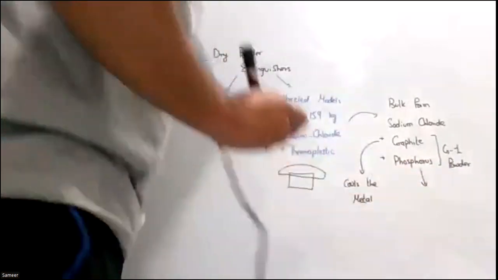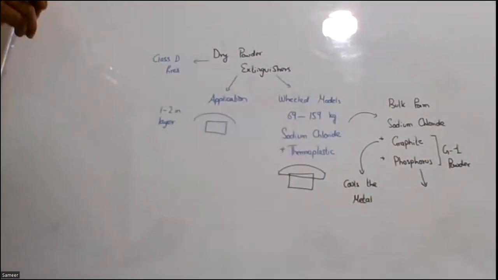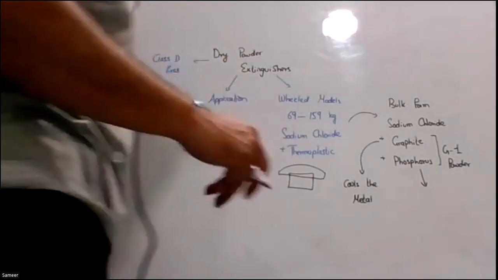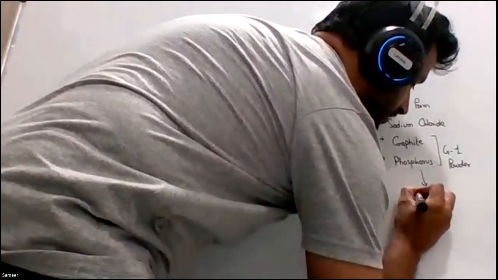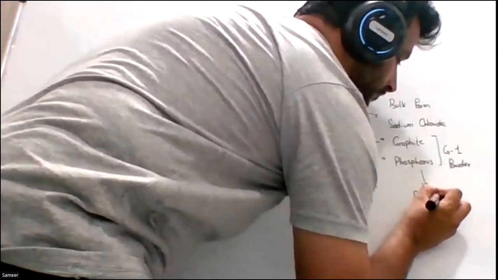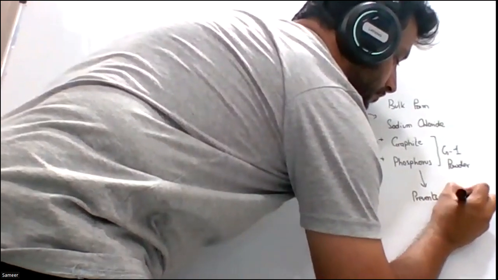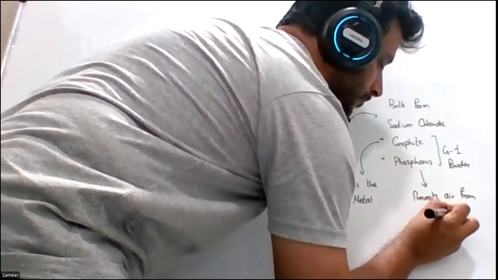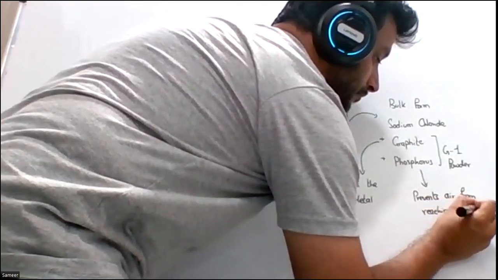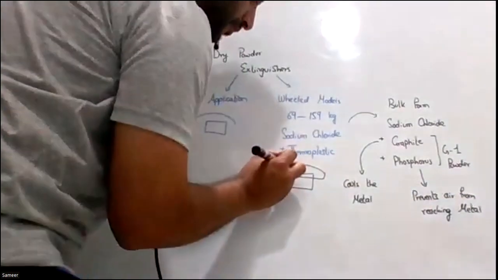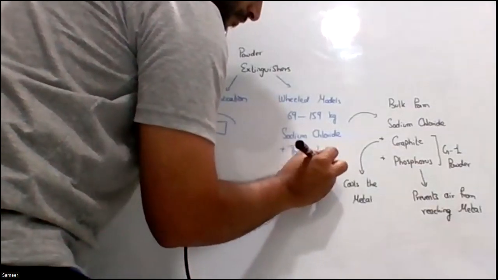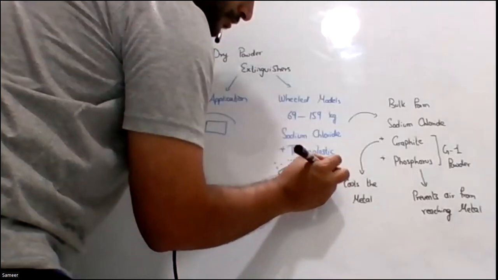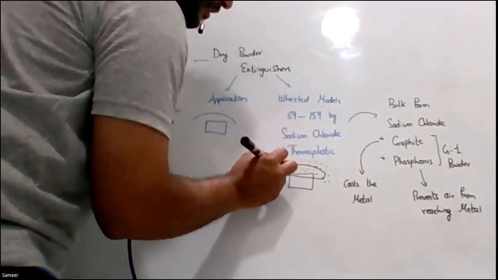Whereas phosphorus creates vapors and prevents air from reaching the metal. So vapors are formed around it so that air cannot reach the metal.